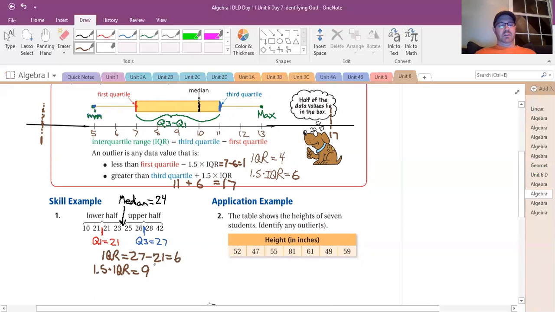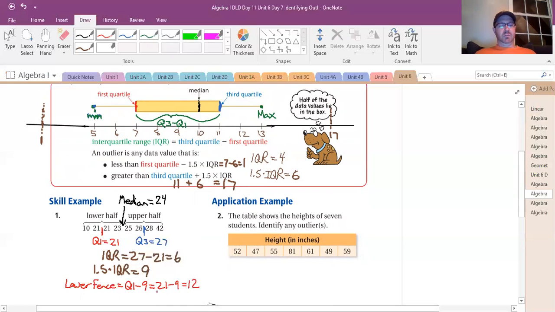Okay. So here's what I'm going to do. For the lower end, or if you want to call it the lower fence, you're going to do Q1 minus 9. And we said Q1 was 21, so 21 minus 9 is 12.